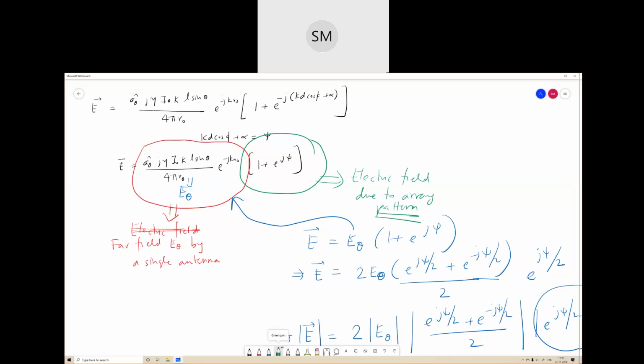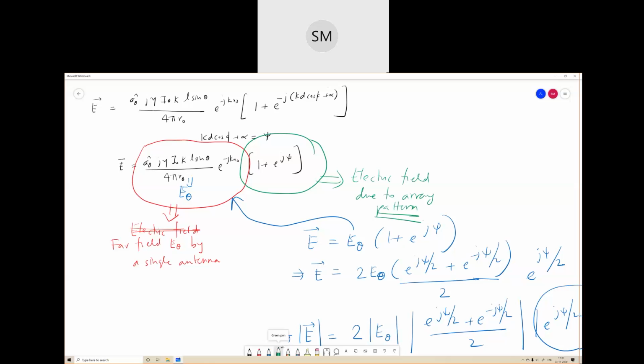Okay? Can we say this? And how do we find the overall pattern? It is the product of the red term and the green term.